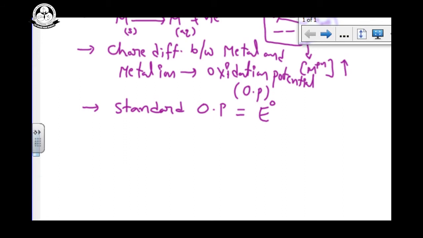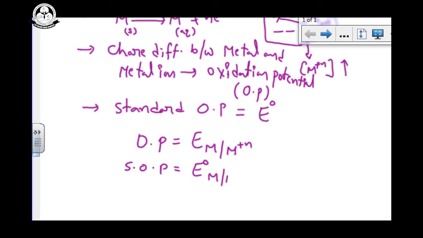Normal oxidation potential will be represented by E, metal becomes metal ion. Standard oxidation potential will be represented by E0, metal becomes metal ion.